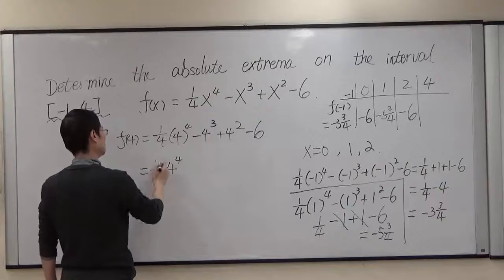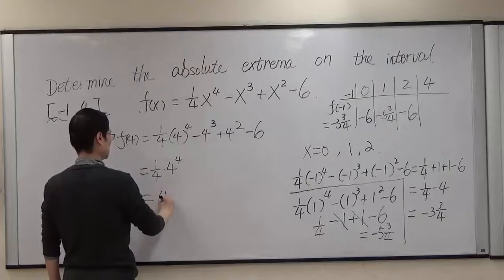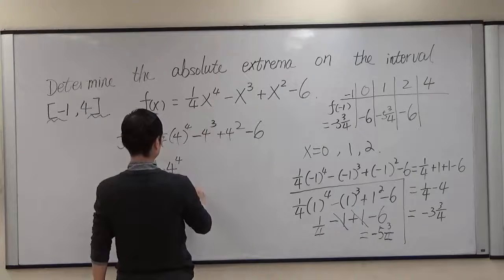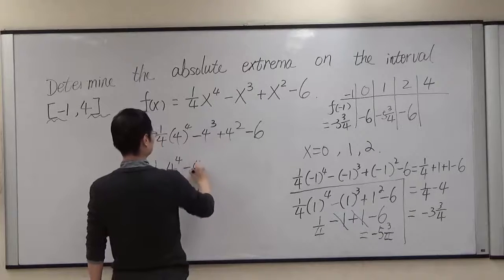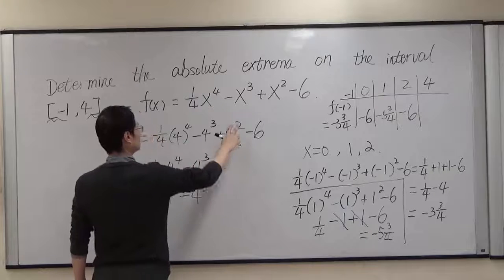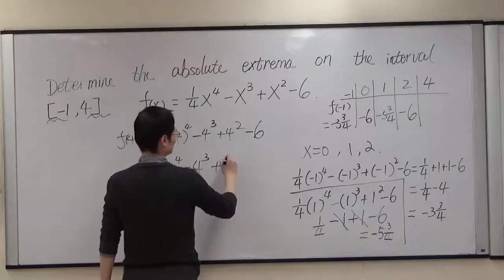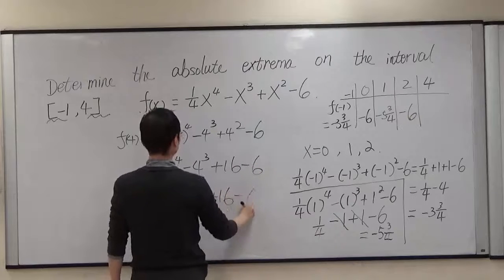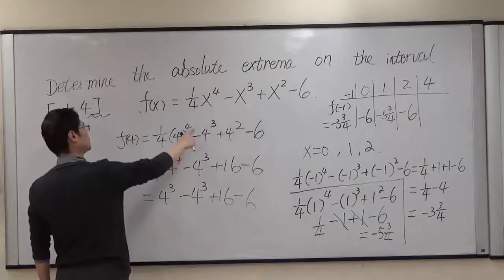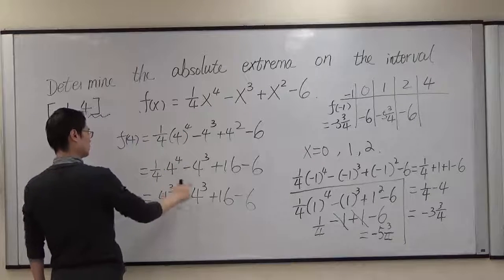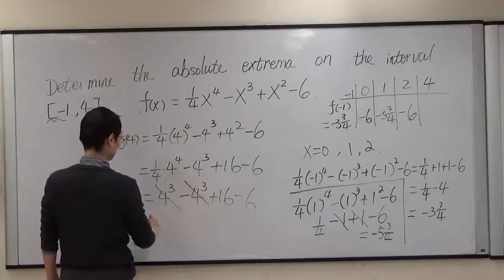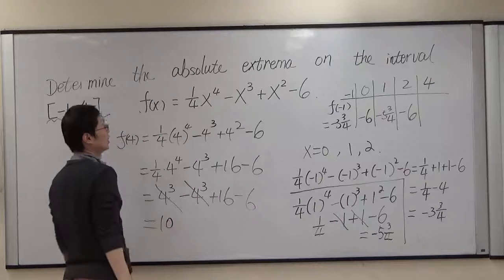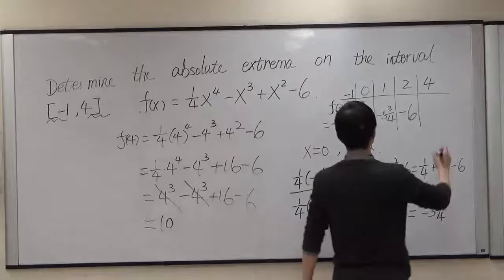We can reduce one 4, so this basically is 4 to the 3rd. The next is subtract 4 to the 3rd. 4 squared is going to be 16. Subtract 6, so plus 16, subtract 6. Since we reduced one 4, that's 4 to the 3rd, and 4 to the 3rd cancels out. And 16 minus 6 is 10. Now we have our ending point value is 10.